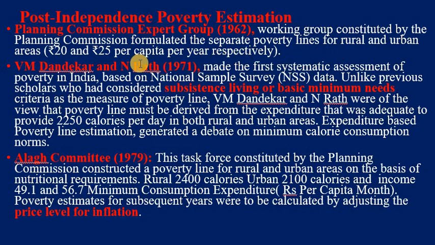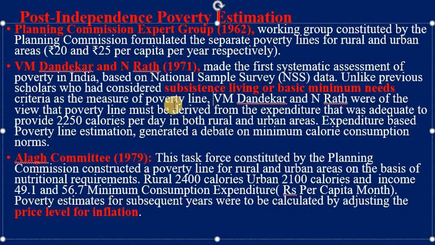So rural 20, urban 25. This was followed by 1971, when VM Dandekar and N Rath made a systematic assessment in India based on a sample survey, that is the National Sample Survey. Here they used the subsistence living or basic minimum needs. What is required for subsistence living? What are the basic needs? Based on that, they tried to estimate the poverty.